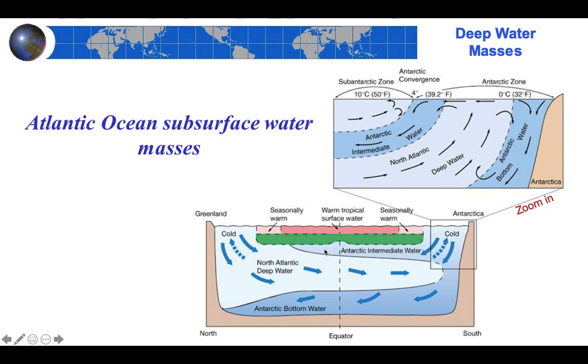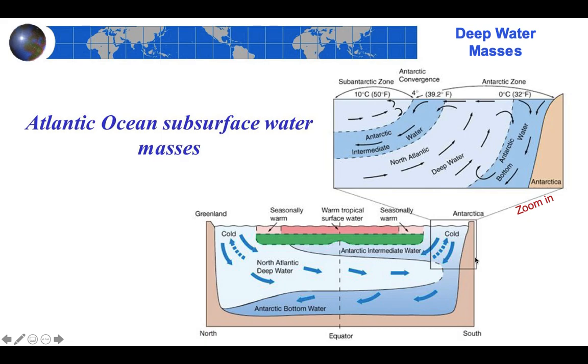Higher salinity because that comes from high evaporation rates in the mid-latitudes where it started sinking and forming. So Antarctic bottom water makes up the very cold, the coldest bottom water system.